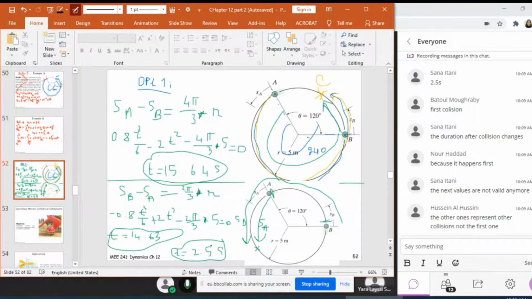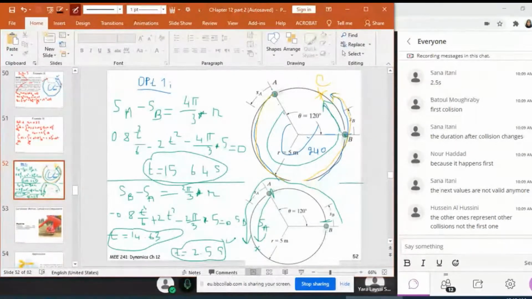After collision, as we're going to see in the next chapters, I should do the momentum equation in order to find the velocities after collision. So I'm going to choose the first time at which collision occurs, when t is equal to 2.5 seconds. So in this case, the time to collision is 2.5 seconds.